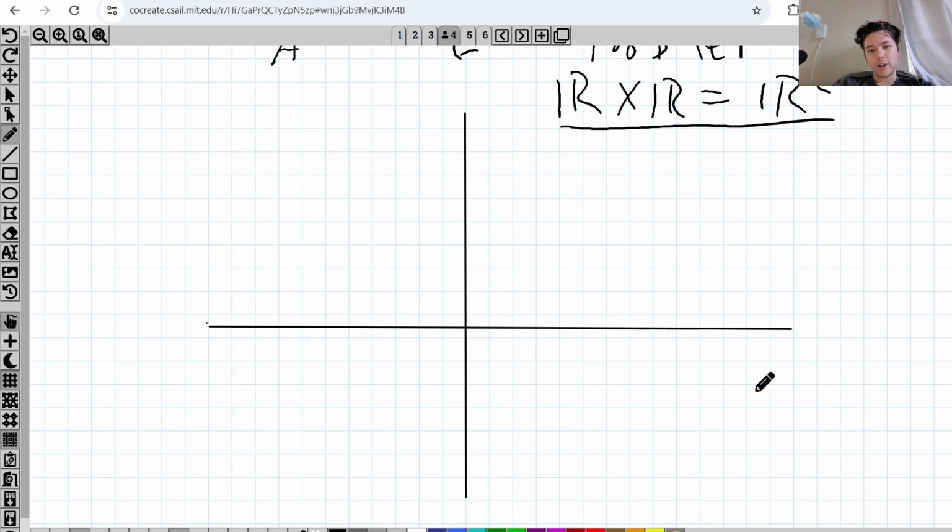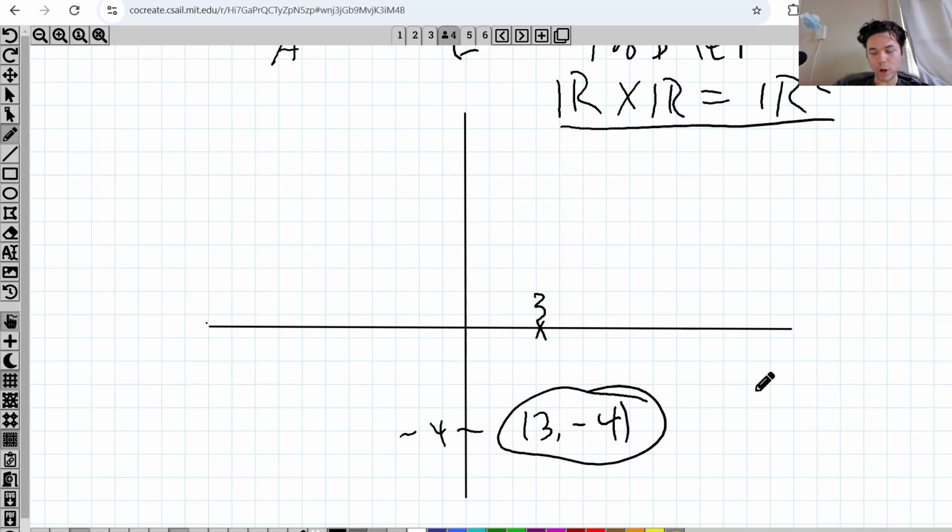And this is really where the Cartesian product gets its name. That, if we have coordinates like, let's say this is 3, and this is -4 or something, here would be (3, -4), and we have a product of two sets. And this gives us Cartesian products.